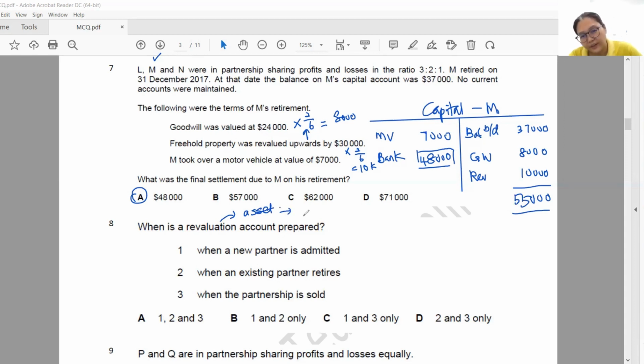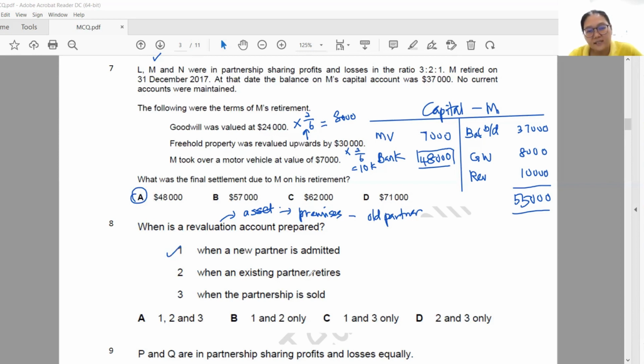For example, the premises you bought 20 years ago, the price will surely have increased today, so it will be revalued upwards. It will be enjoyed by the old partners only. So when the new partner joins, the new partner will have to pay the cost for it. So this one is one of them.